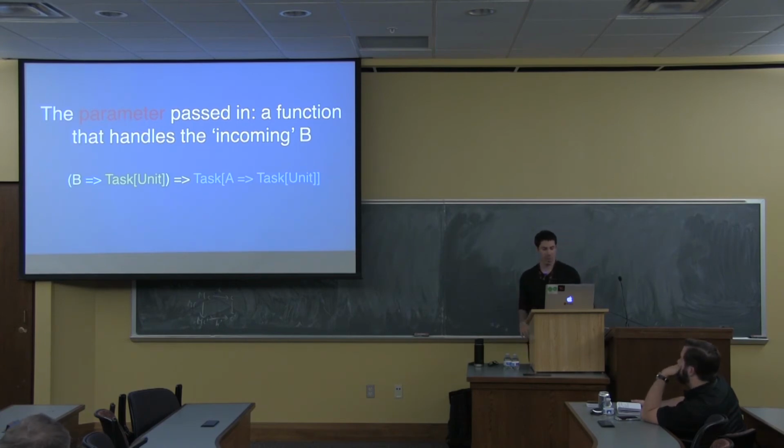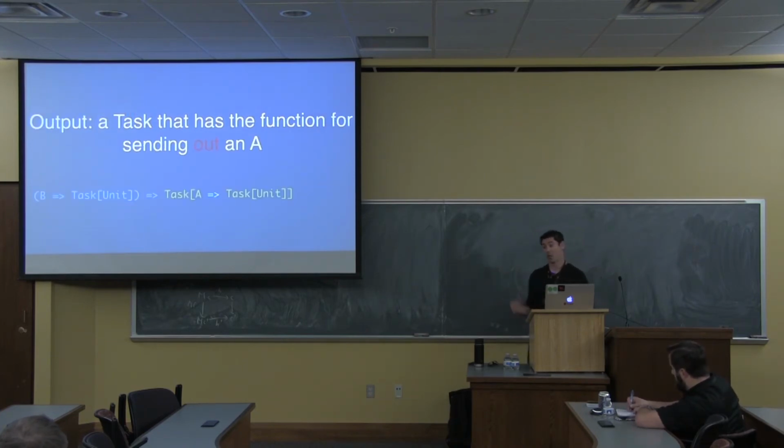My function that I pass in handles data coming in on the network. The function that I get back is a task that has a function for sending data out on the network. And task unit is just representing a side effecting call.